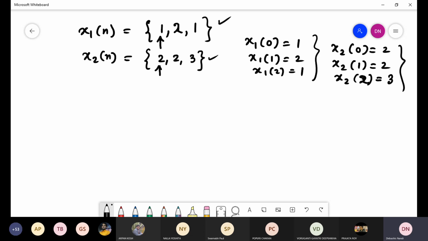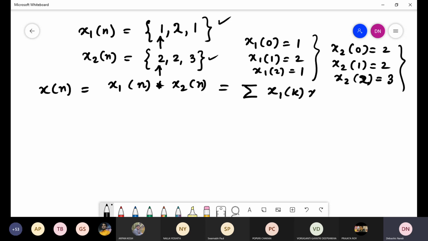From these two signals, suppose you want to find the convolution between them. Suppose xn is the convolution x1n convolved with x2n, and this is nothing but a summation like this: x1k into x2n minus k, with k from minus infinity to plus infinity.